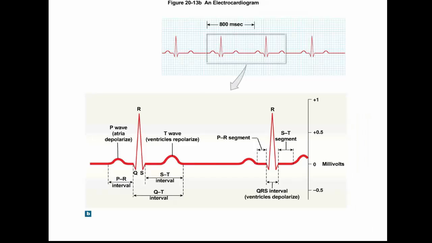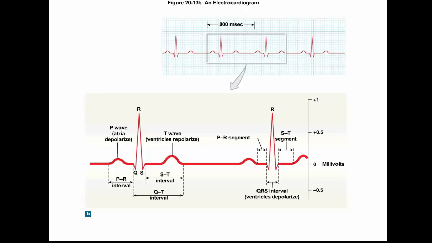So here you can see the top bit is a strip of ECG paper, and each square represents 10 milliseconds. So you can count up the squares to work out the rate of the heartbeat. And here below that we've got the heart tracing with all of the intervals labelled. So again, the P wave is when the atrial depolarization is occurring.